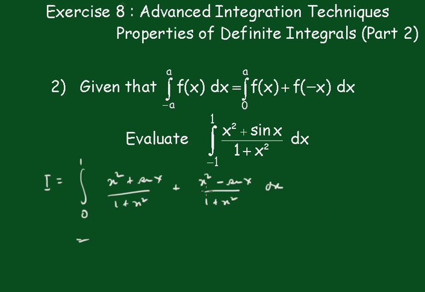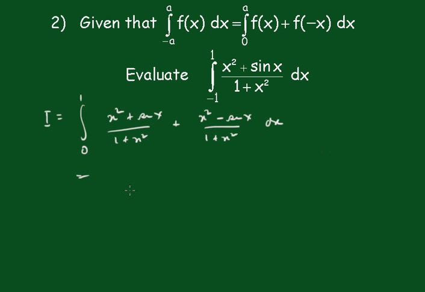And when you add those two together, sines go out, and you simply get 2x squared over 1 plus x squared dx. We'll take the 2 out the front. And again, a fairly straightforward integral.